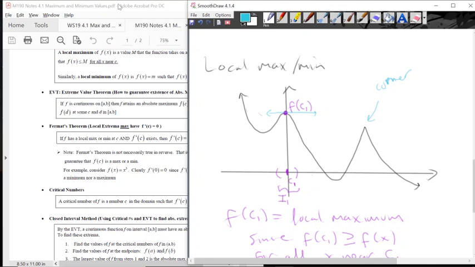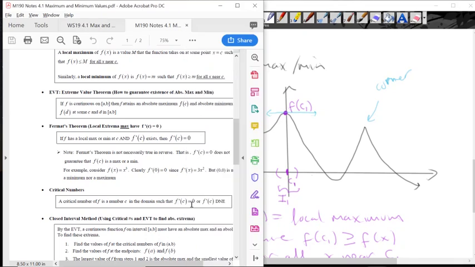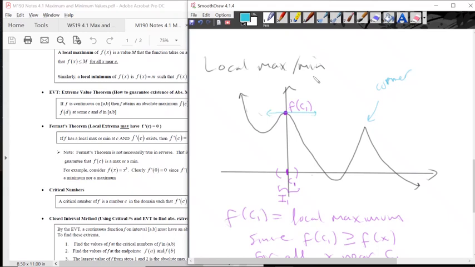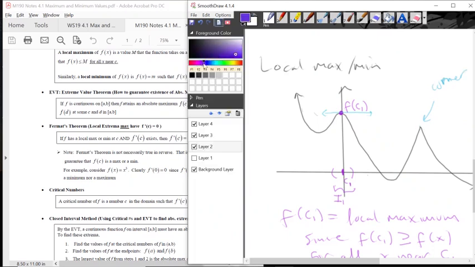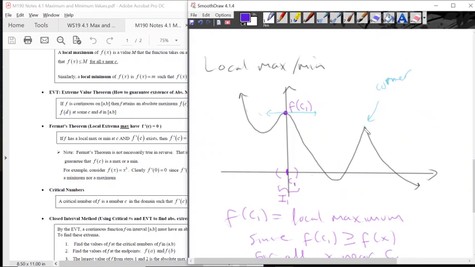The other possibility for critical numbers is that f prime of c does not exist. Where might the derivative not exist? One possible location is at a corner in the graph. Say there is a point here, and that point has an output that is the greatest output within a localized area.